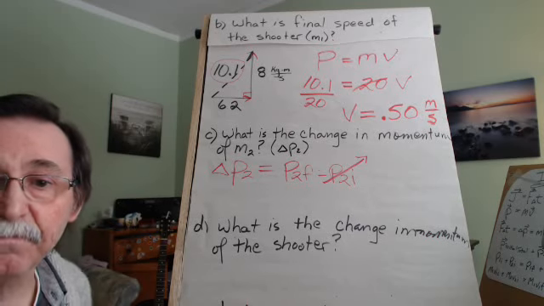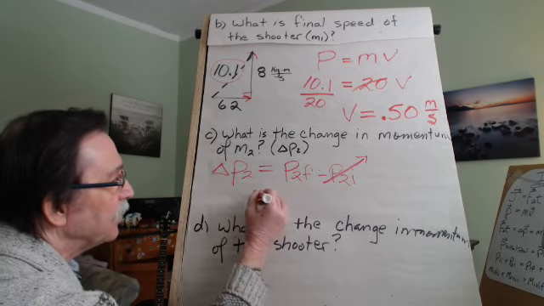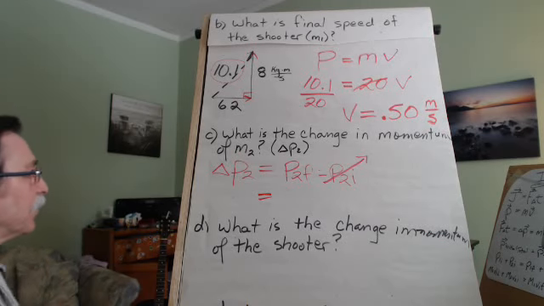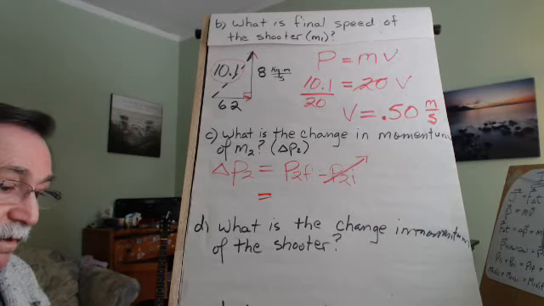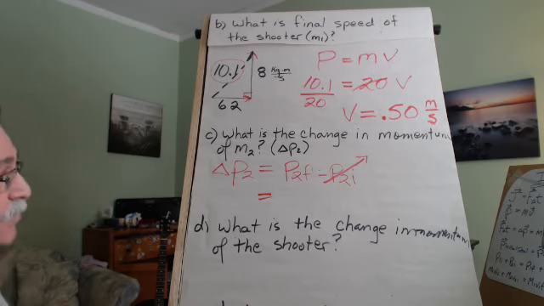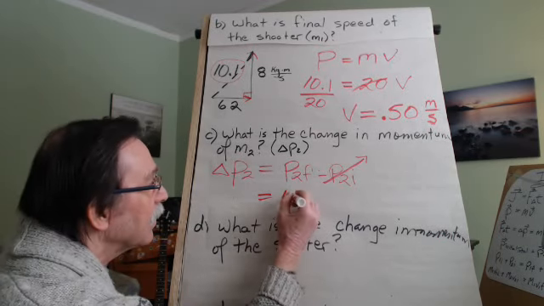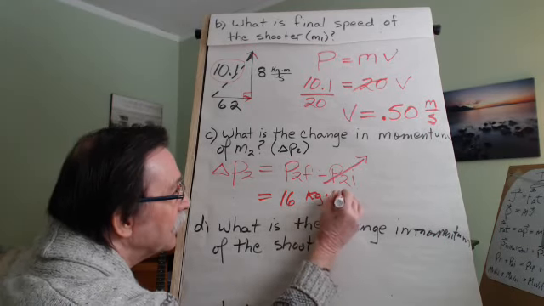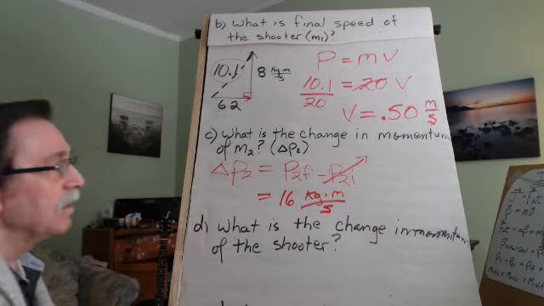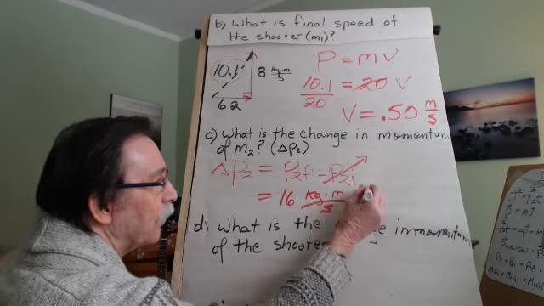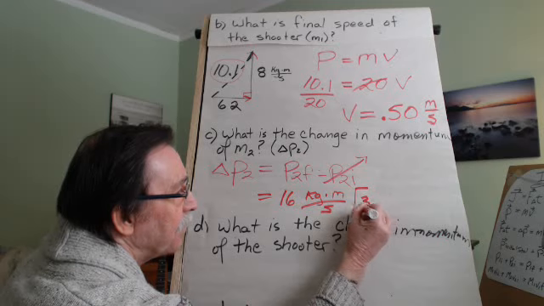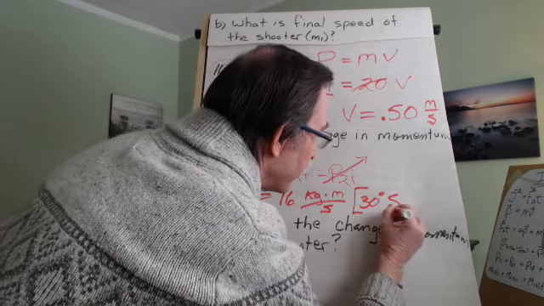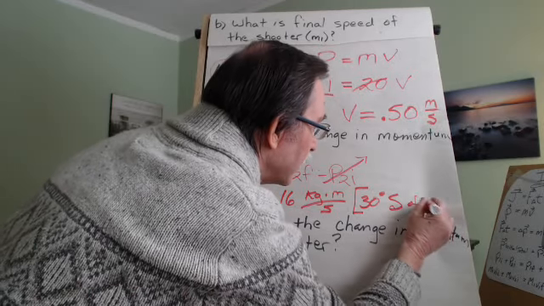That crosses off. And P2 final was exactly what we said a little bit earlier, and that was 16 kilogram meters per second. And we know that it was 30 degrees south of east.